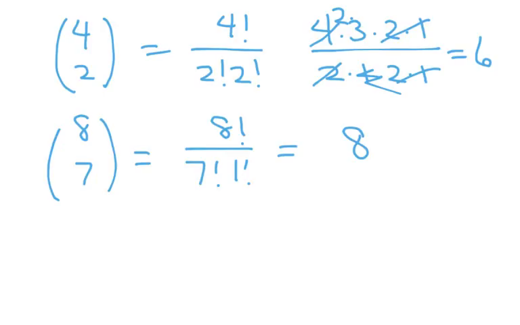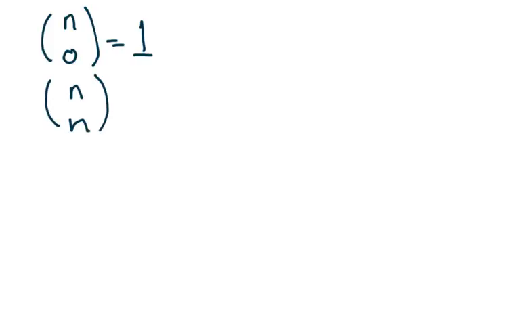All right? So some of the useful formulas that you're going to want, because I don't want to see you using the calculator on this, is n choose 0 equals 1 and n choose n equals 1.